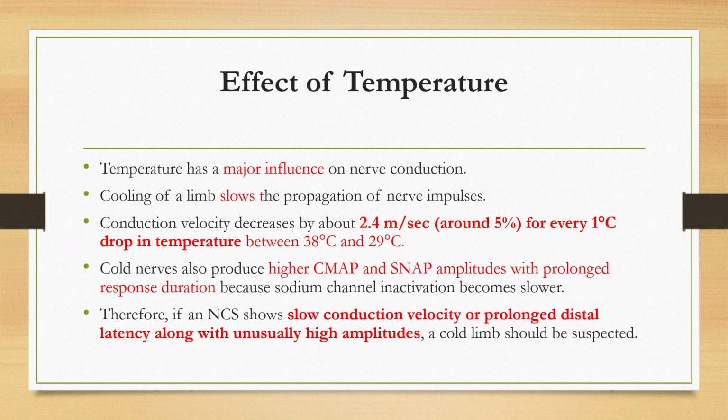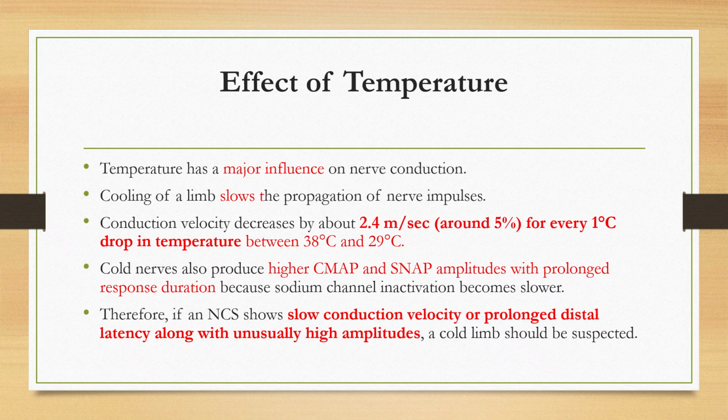Effect of temperature. Temperature has a major influence on nerve conduction. Cooling of a limb slows the propagation of nerve impulses. Conduction velocity decreases by about 2.4 meters per second, that is about 5%, for every 1 degree drop in temperature between 38 and 29 degrees Celsius.